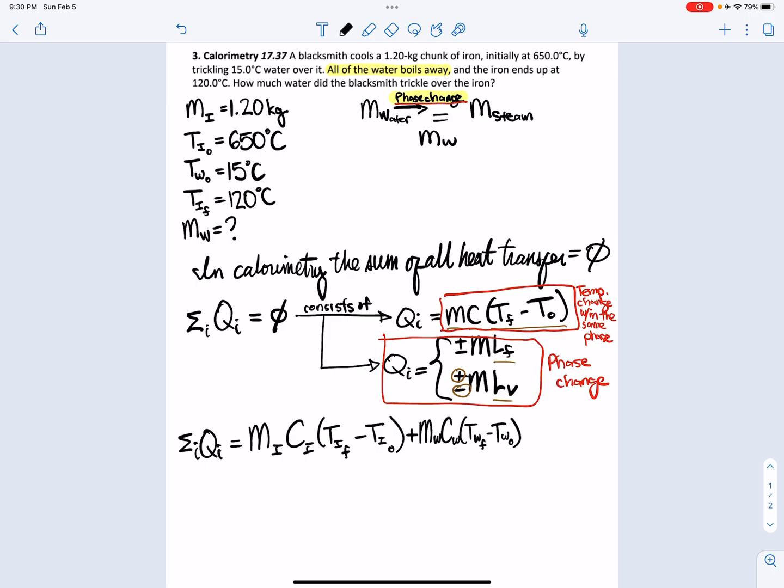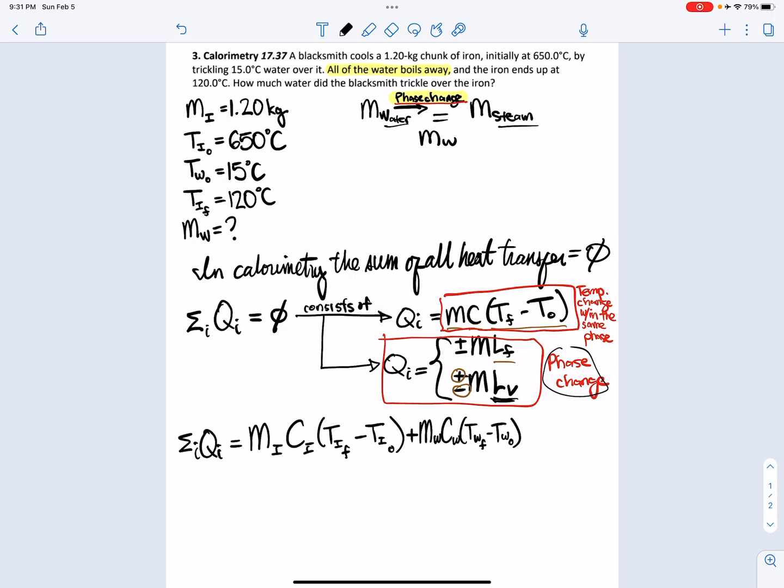And because there is a phase change associated with this problem, I will have to use one of these for water. So let's see what the state is. The state goes from water to steam, right? Water to steam. So I know I'm going to have to use this one, the latent heat of vaporization.